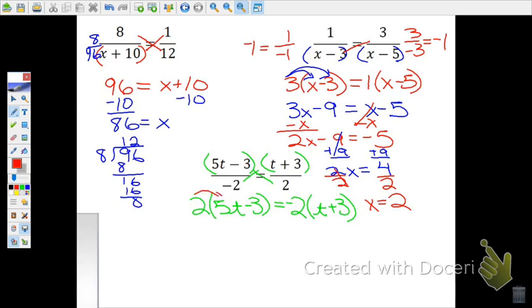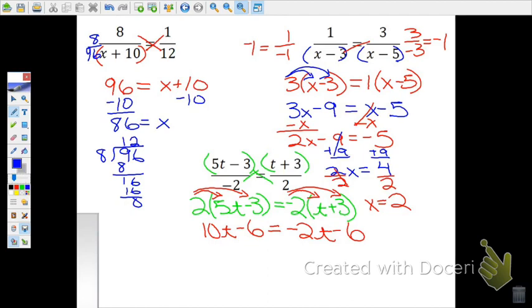So I distribute and get 10t minus 6. On the right side, I distribute and get negative 2t minus 6.